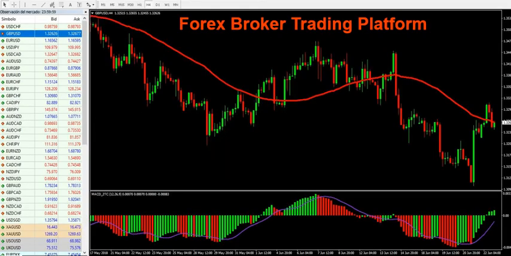Now here we have a Forex broker trading platform, and you have your chart here on the right hand side, and then on the left hand side we have, sorry about that, someone pressed my doorbell. So like I was saying, the bid ask price is on the left hand side of many trading platforms out there.